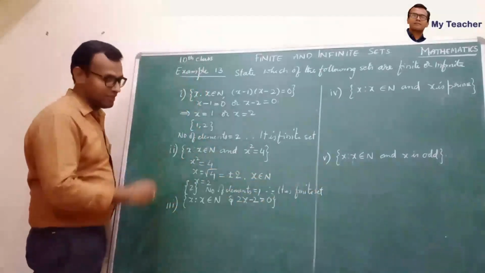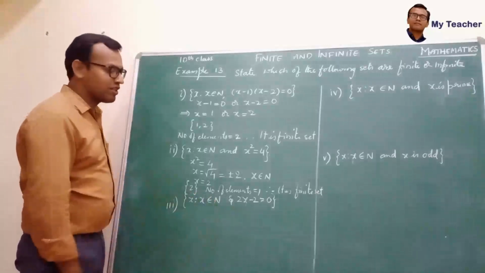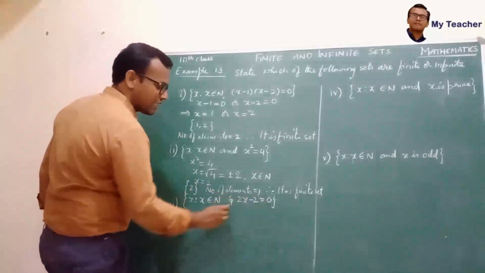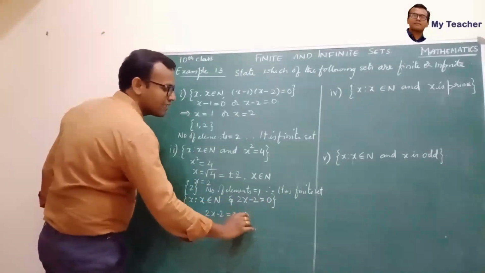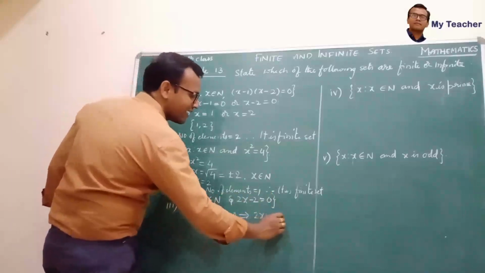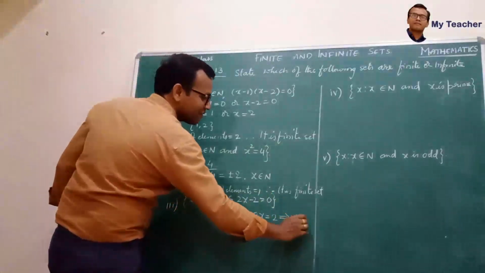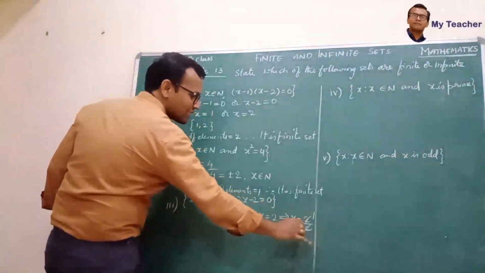Let's see the third one. Set of x such that x belongs to N, x is a natural number and 2x minus 2 is equal to 0. That means 2x is equal to 2, transposing the 2 to the other side, and x is equal to 2 by 2, which is 1.